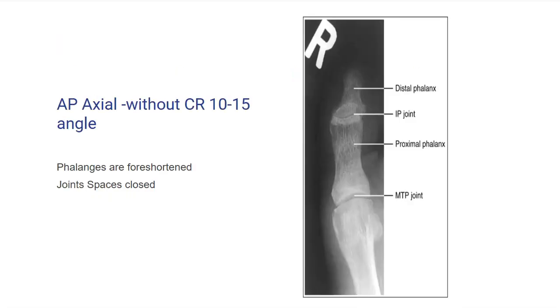To ensure open joint spaces and to prevent foreshortening of the phalanges, the central ray must be properly angled to 10 to 15 degrees. That alignment brings the central ray closer in alignment with the joint spaces, allowing them to be demonstrated as open and more perpendicular to the distal phalanges, which will reduce that phalangeal foreshortening.